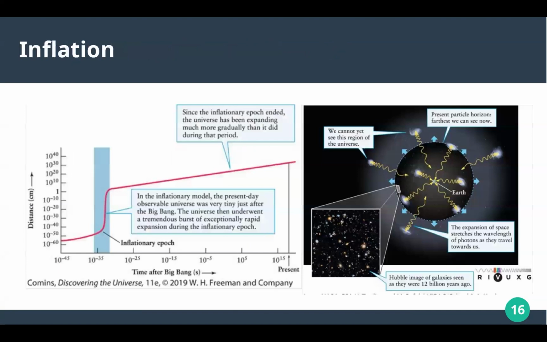So what you see here is that on either side of the inflationary epoch, the universe was getting bigger at about the same rate. However, during the inflationary epoch, it gets bigger much, much faster.